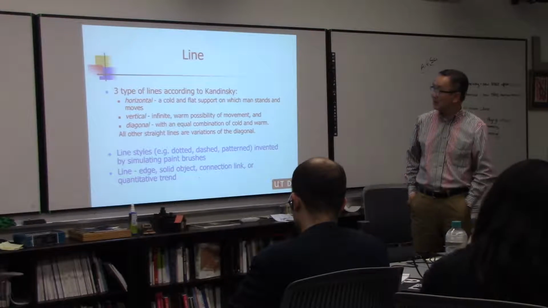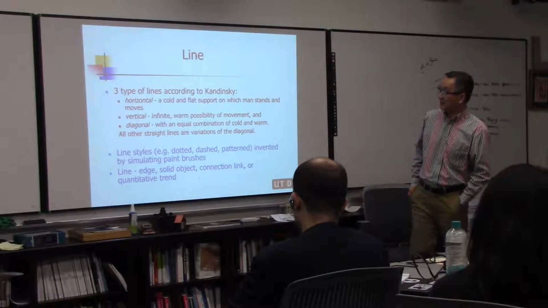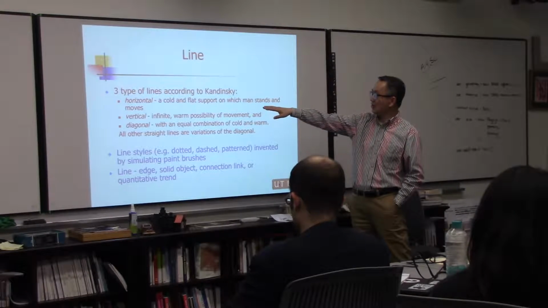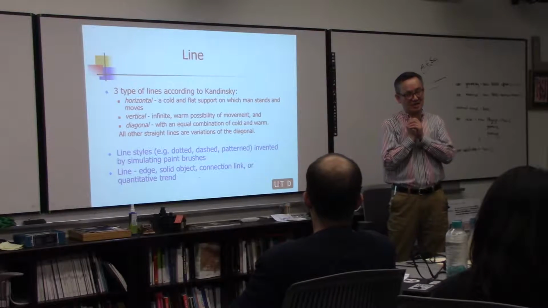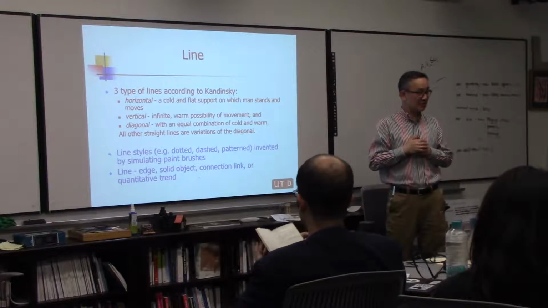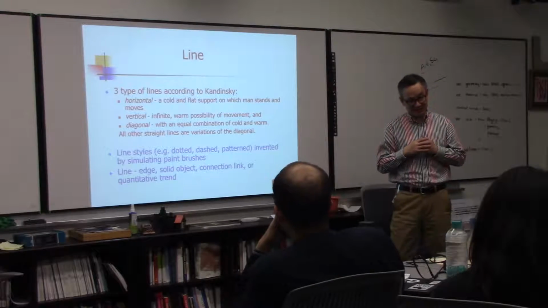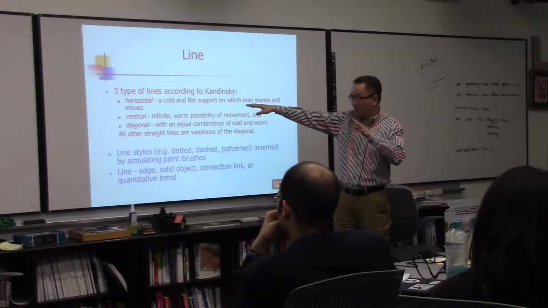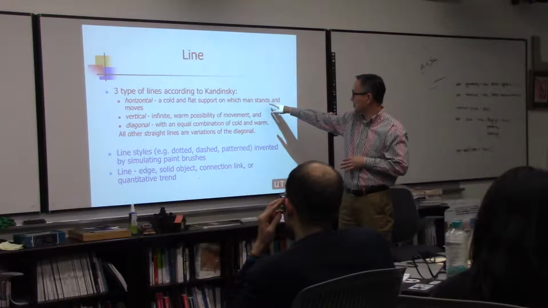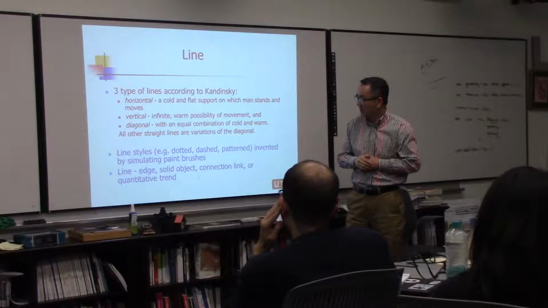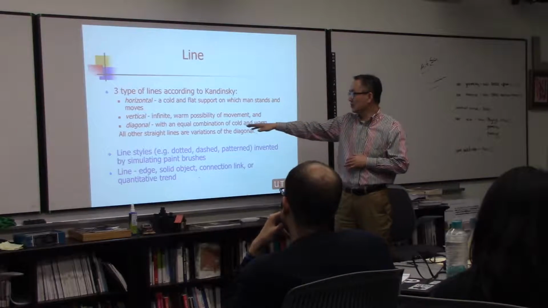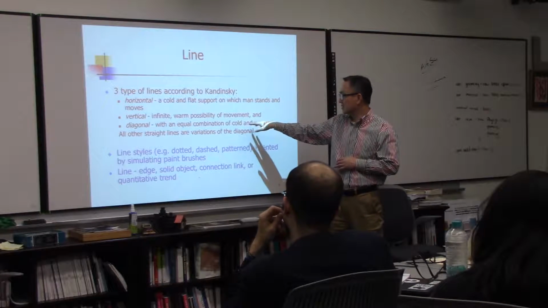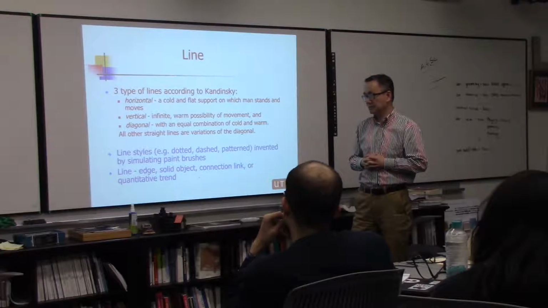And for line, there are 3 types, again according to Kandinsky: horizontal, vertical, and diagonal. He actually gives certain semantics or meaning to different lines. Horizontal lines, he said, are cold in temperature, and flat, a support on which people can stand and move. Vertical is infinite and warm, a possibility of movement. Diagonal is basically in between.